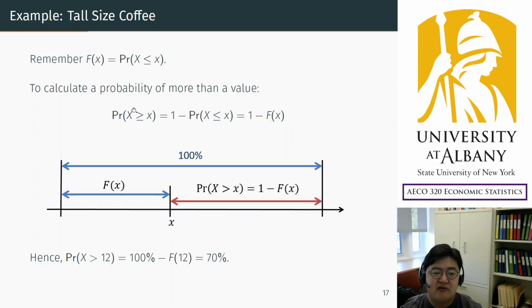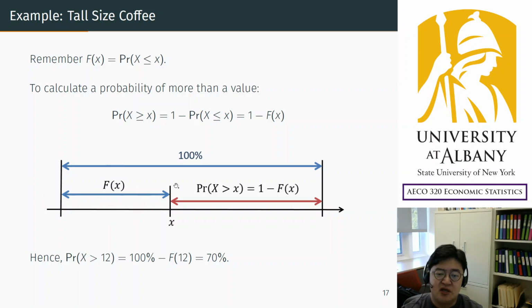So you can explain it like this. The probability that the random variable X is greater than or equal to a certain value is 100% minus the probability of being smaller than or equal to that value. I included equality in both inequalities, but this does not matter because one point doesn't matter. The idea is, if you choose a value x on a line, the CDF tells you the probability on the left-hand side, the lower side.